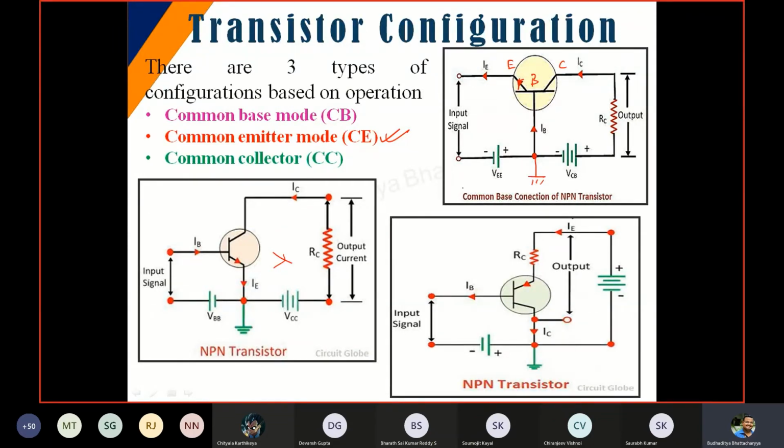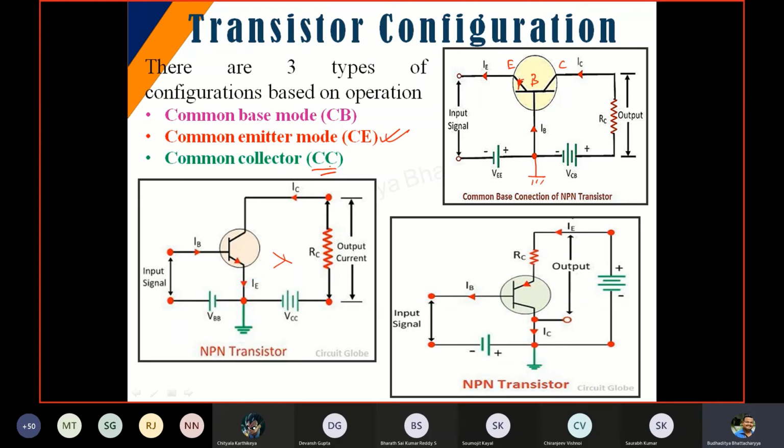For example, the common collector is very rarely used, but its usability is for impedance matching. If you have two separate circuits and you want to check whether the load is matching or not, in all those cases the common collector configuration is a very commonly used application.